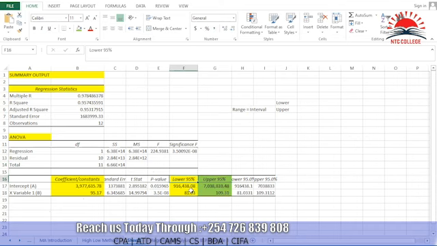The lower 95% means that this is the lower range. In other words, the least possible values for A and B are these ones, the lower. And then the highest possible values of A and B are these ones at the upper, such that these values of A and B cannot exceed this limit to be accurate.